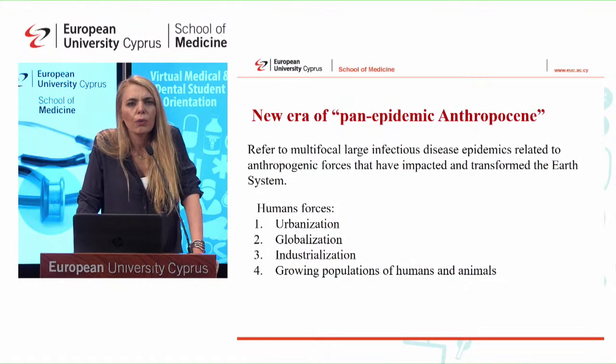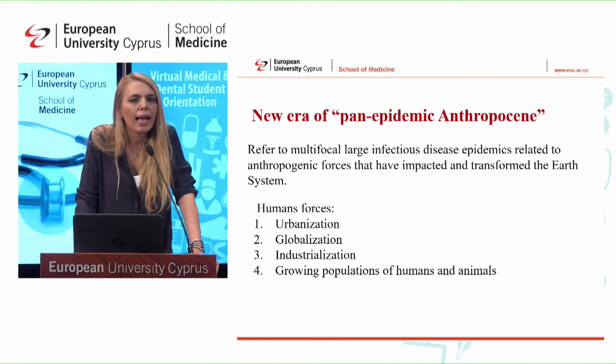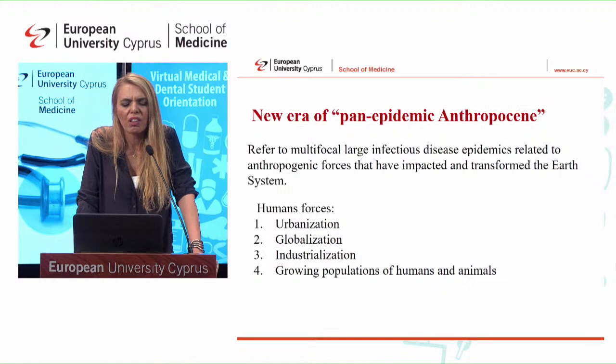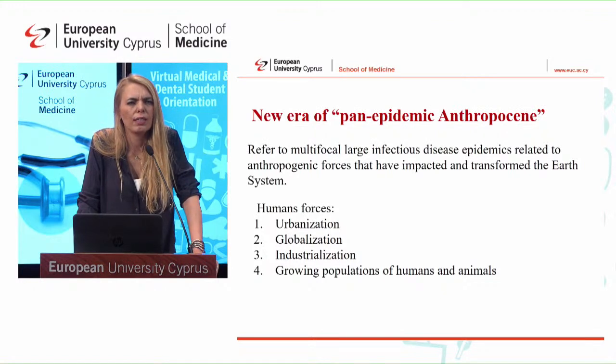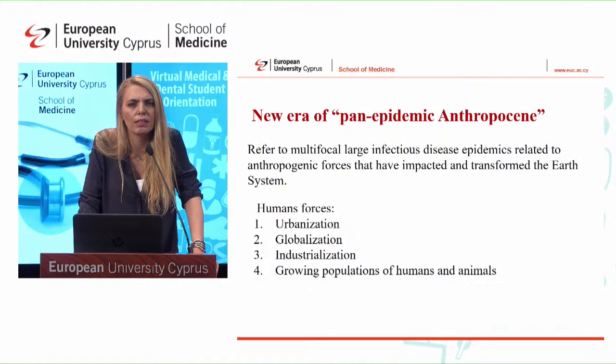And according to WHO, we are currently in a new era, which is called the pan-epidemic Anthropocene. It's actually a difficult word to understand, but you have to know the meaning. It's easy.